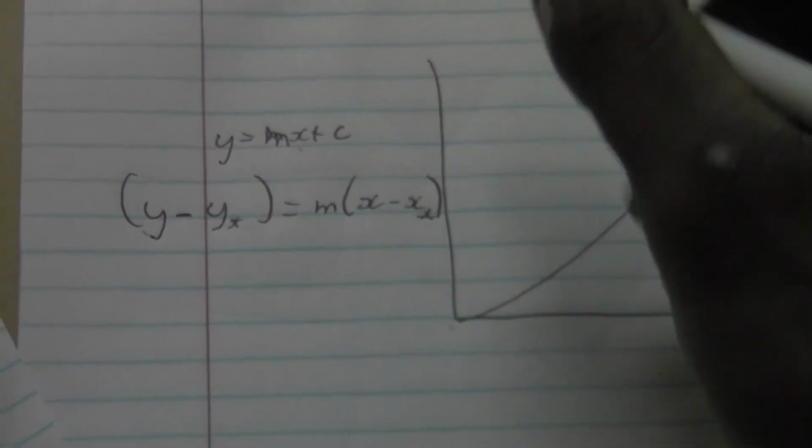Right? So before you turn it into this form, you first write a general y minus the given y is equal to m, the general x minus the given x. This is an asterisk.